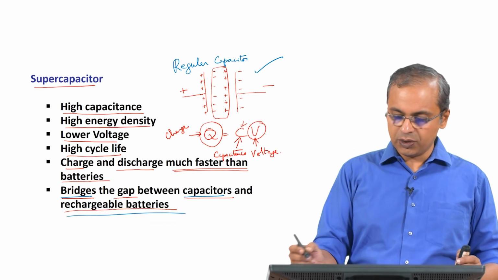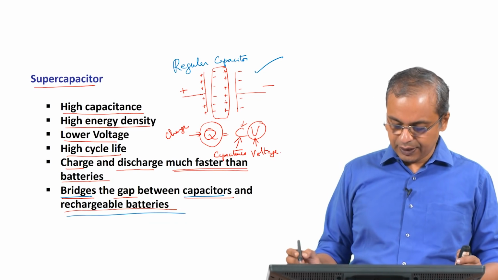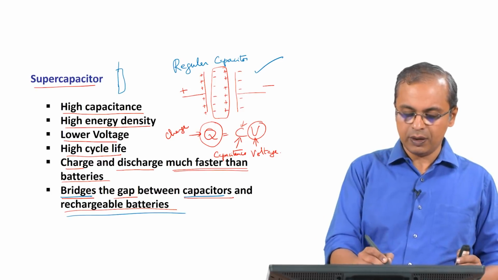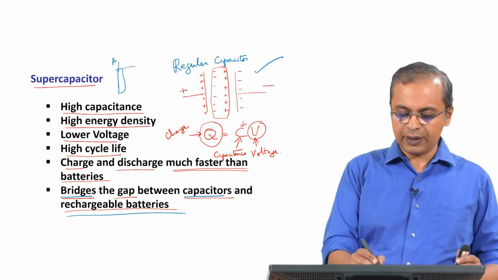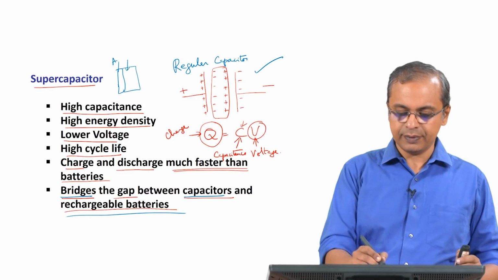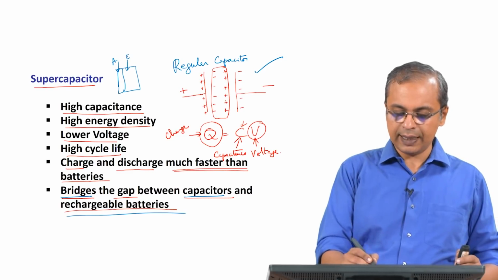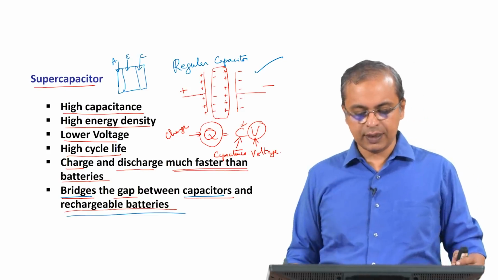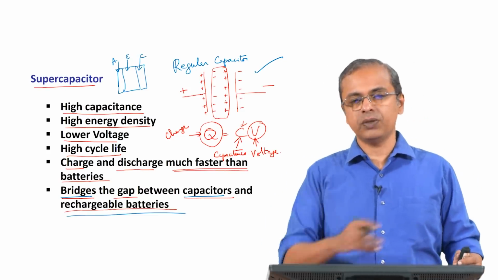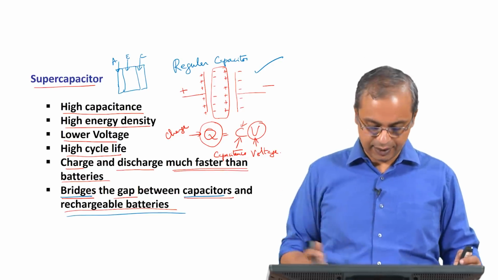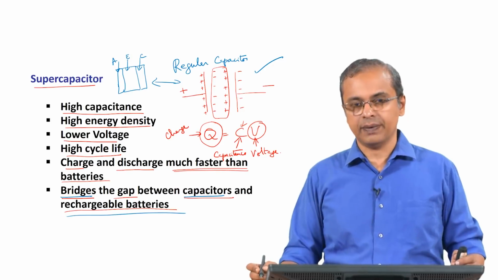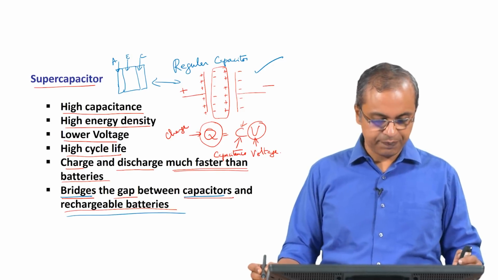So, this is a regular capacitor, the rechargeable battery will have anode, electrolyte and cathode. Okay, so, this is how we have the rechargeable battery, and then you charge it, discharge it, etc. So, between these two is where the supercapacitors end up coming. So, we will look at that.